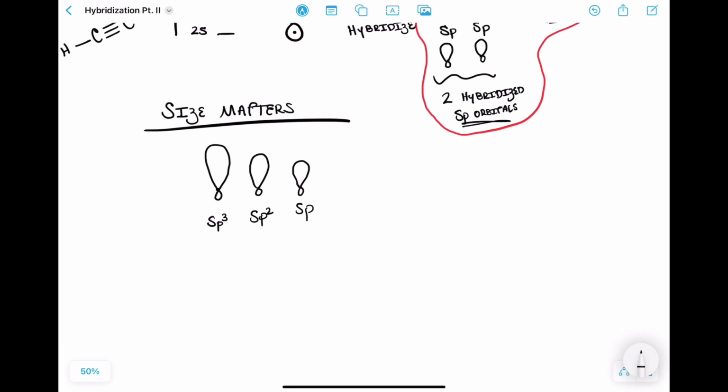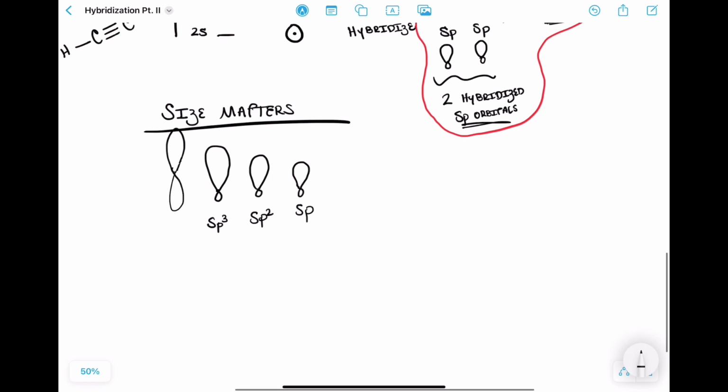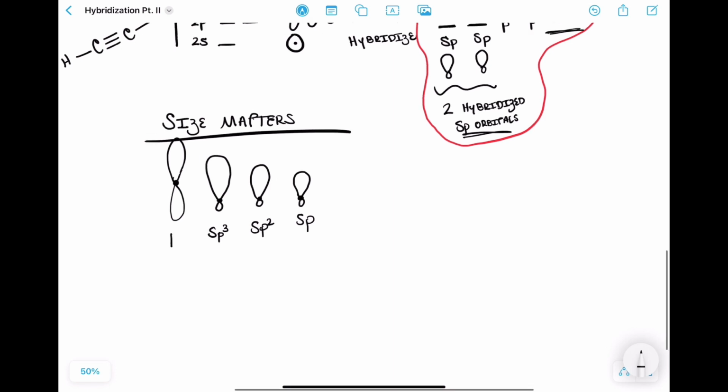And there is my sp orbital. And then the p orbital would stay like that with a node. All of these have a node there. So this is just an unhybridized p orbital, and then these three are hybridized.